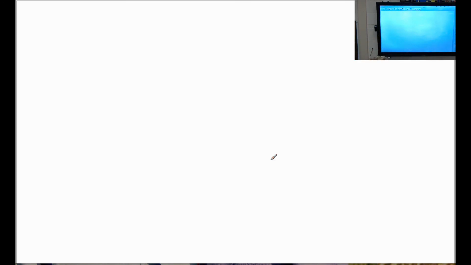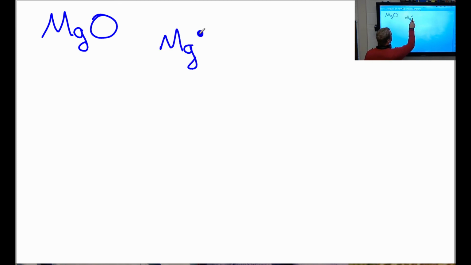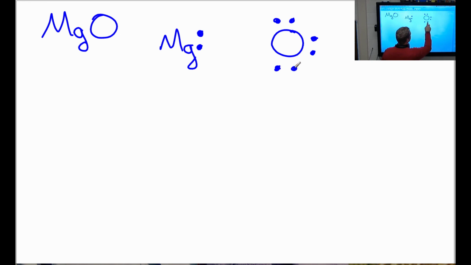Last example for today. We're going to do magnesium oxide, MgO. Magnesium has 2 valence electrons. So Mg has 2. Oxygen has 6. Okay? What happens here is, unlike with sodium and fluorine or sodium and chlorine, in this particular example, it's not going to be the stealing of 1, it's going to be the stealing of 2.